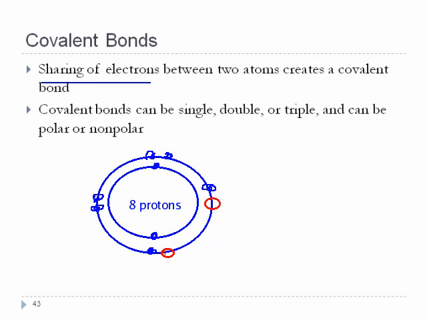So water is an oxygen atom and 2 hydrogen atoms. Hydrogen's atomic number is 1, so it has 1 proton in its nucleus. And it has 1 electron that circulates in its electron shell.